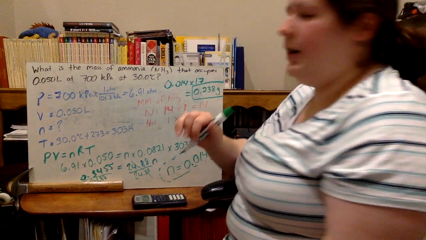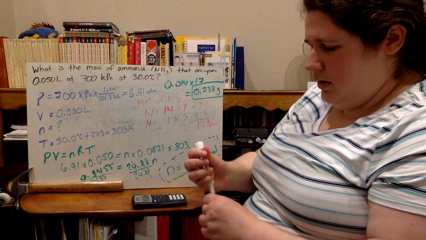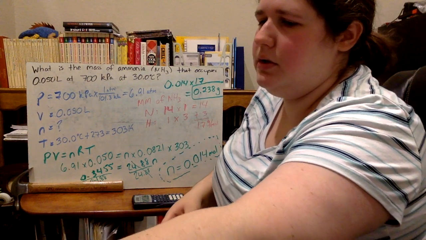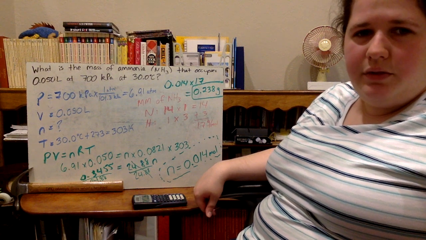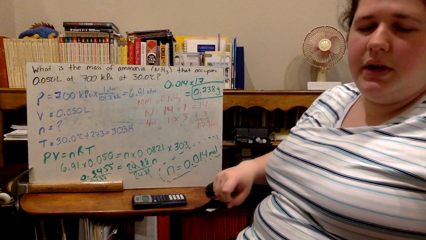That is my final answer for the amount in mass. So the mass of ammonia would be 0.238 grams.